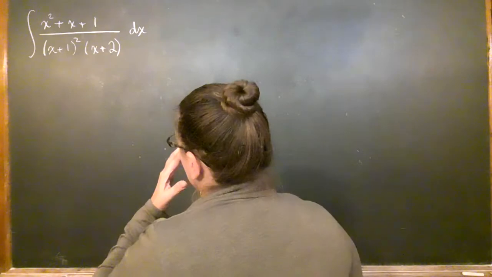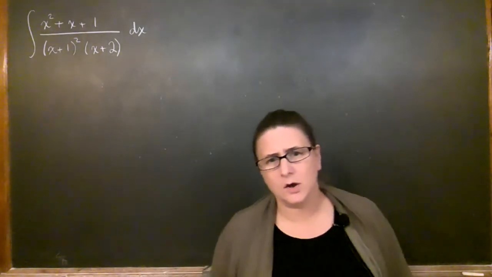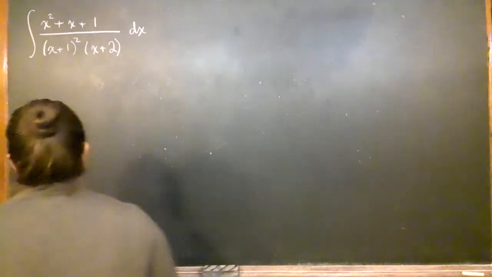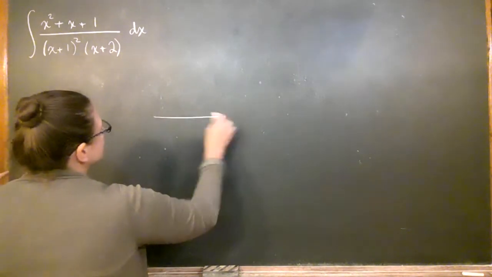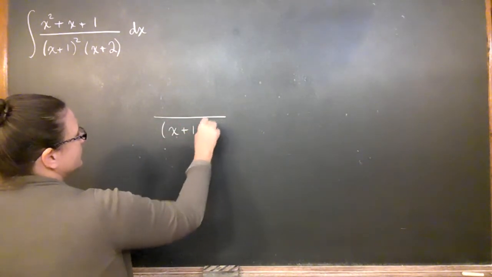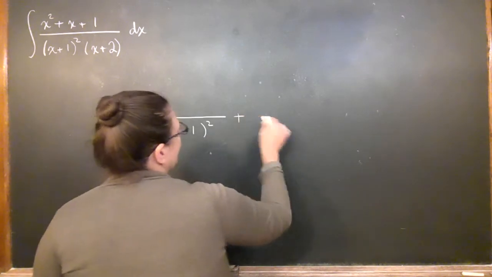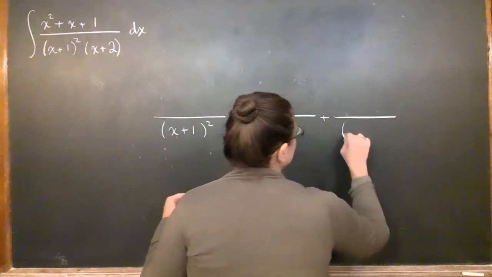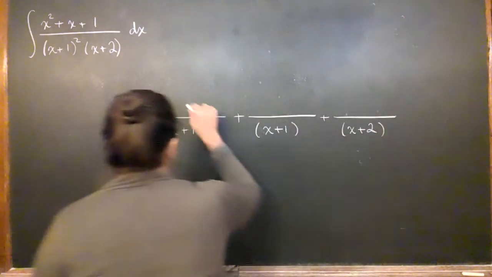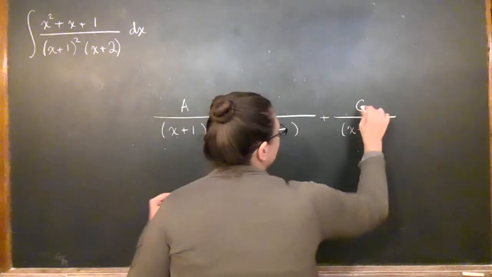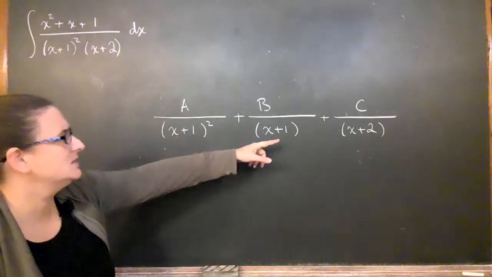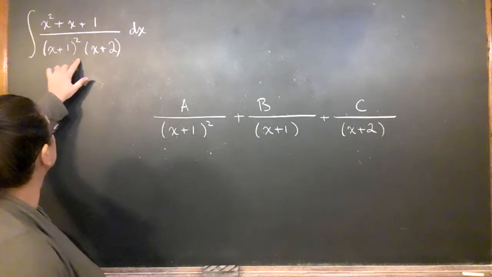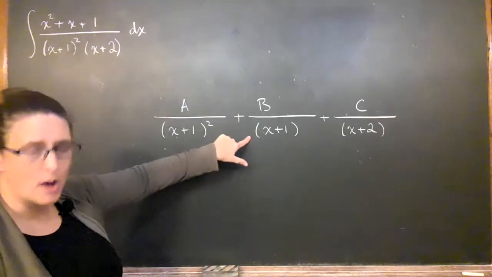Remember, when you're making a common denominator, you might have a situation where I had x plus 1 squared, and I had x plus 1, and I had x plus 2, with A, B, C. So the common denominator for this is this guy, even though I don't see an additional x plus 1 here.